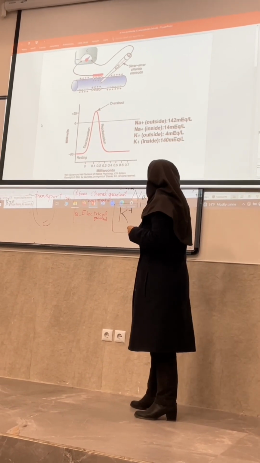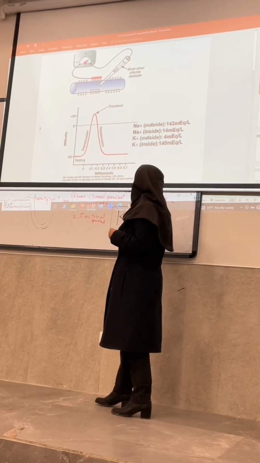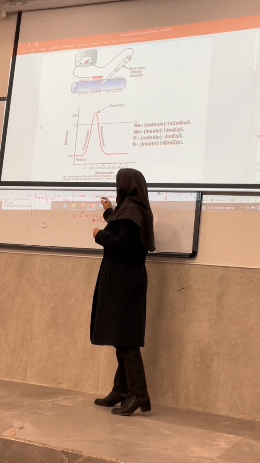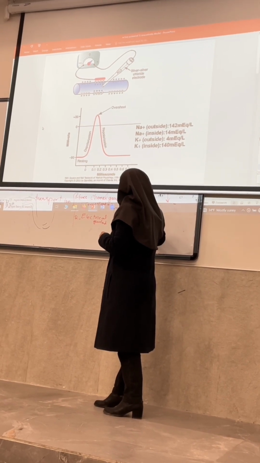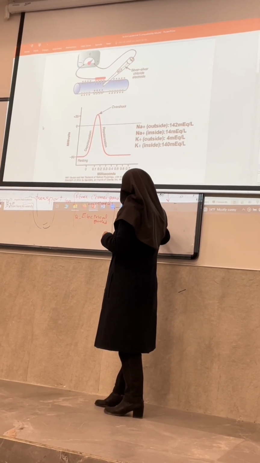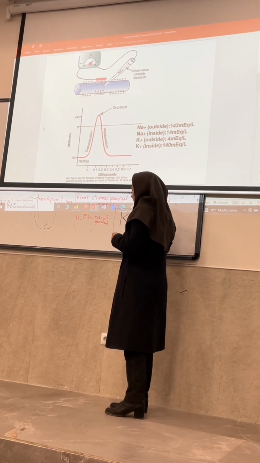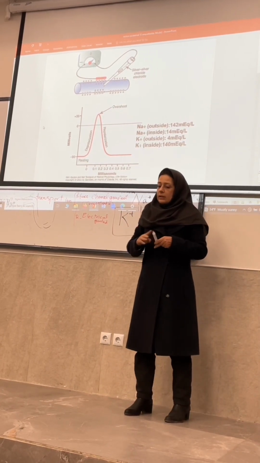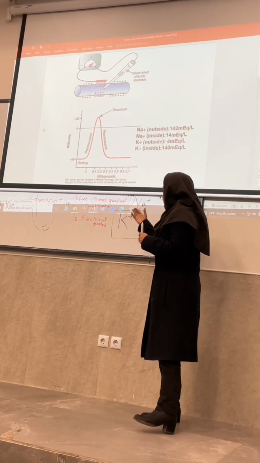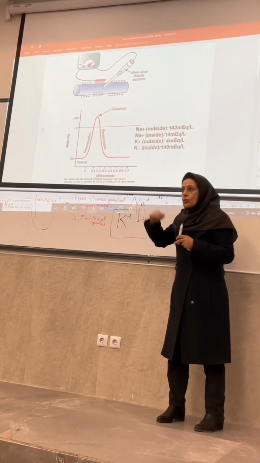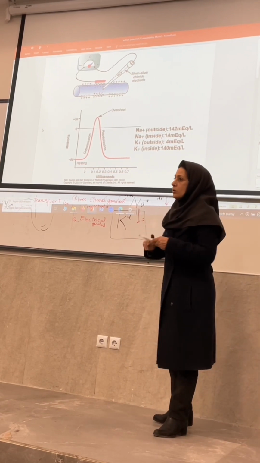For sodium, we can show this chemical and electrical gradient by one arrow. For sodium, at first, show the chemical gradient. Because outside is too much, the chemical gradient is from more concentrated to less concentrated. This is the chemical gradient. It's according to the concentration of the sodium. Because sodium is high outside, sodium all the time wants to come inside, okay?